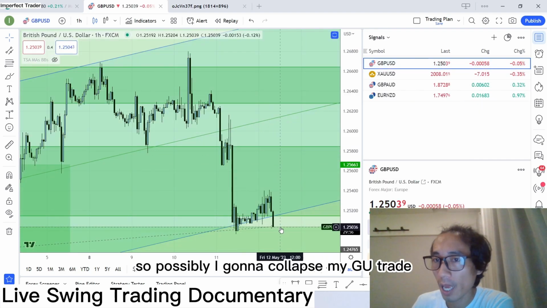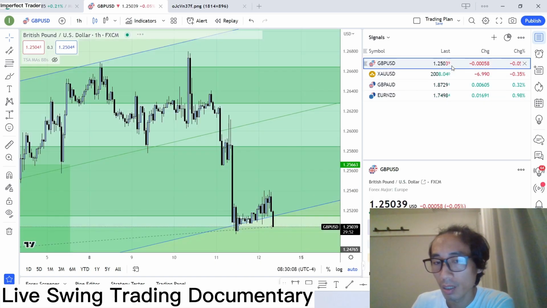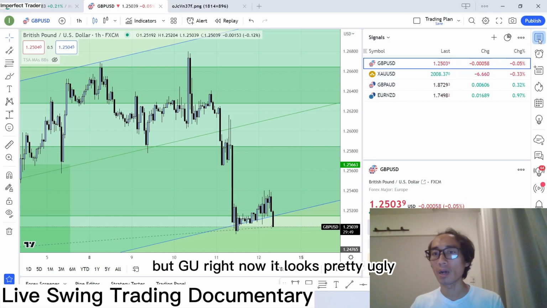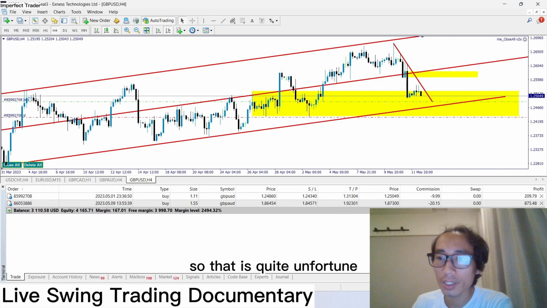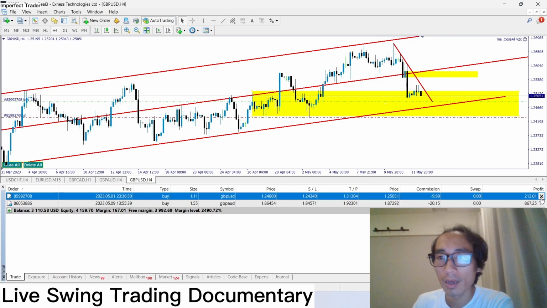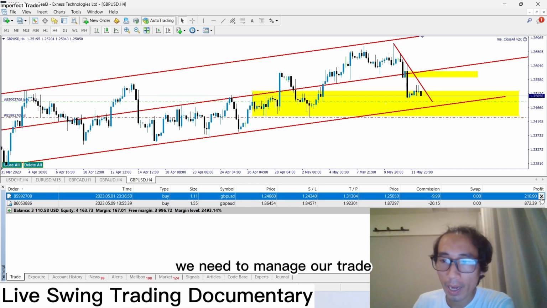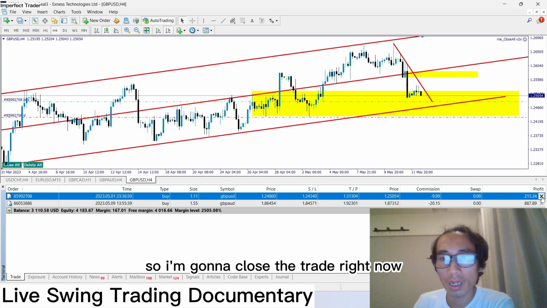So possibly I'm gonna collapse my GU trade. I was still holding on GBP AUD, but GU right now looks pretty ugly. So that is quite unfortunate, but eventually we have to accept the fact that we need to manage our trade. So I'm gonna close the trade right now.